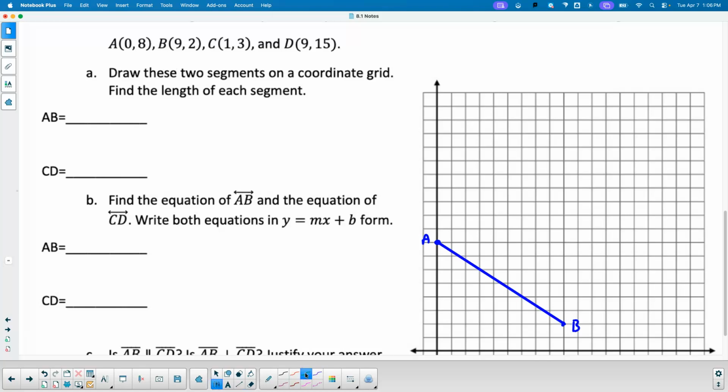C is at 1, 3. And D is at 9, 15. 1, 2, 3, 4, 5, 6, 7, 8, 9, 10, 11, 12, 13, 14, 15. Way up there. Then we can connect those.